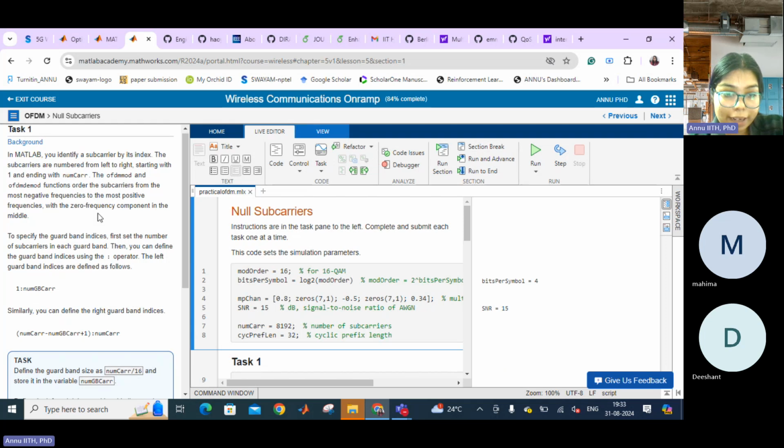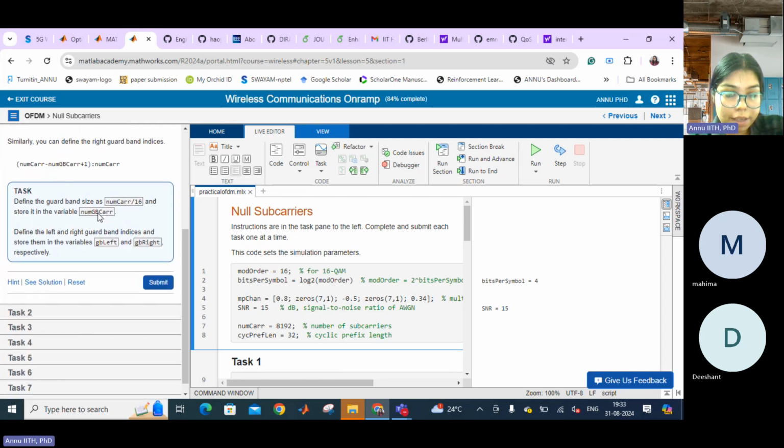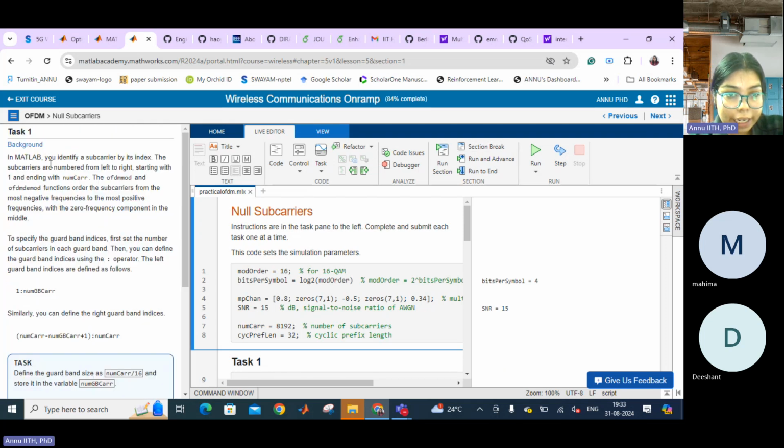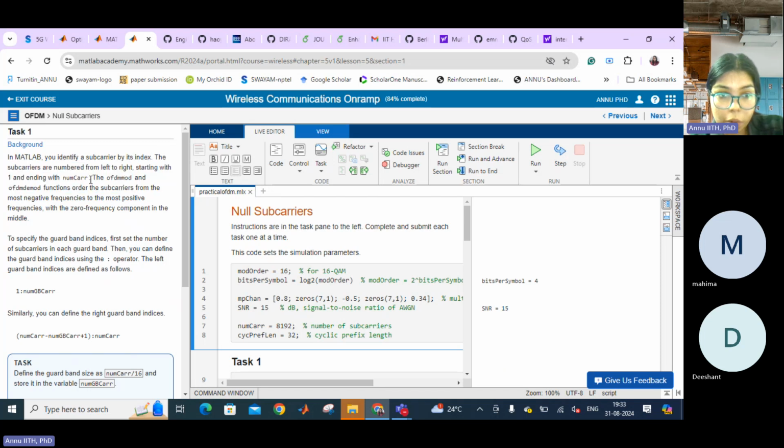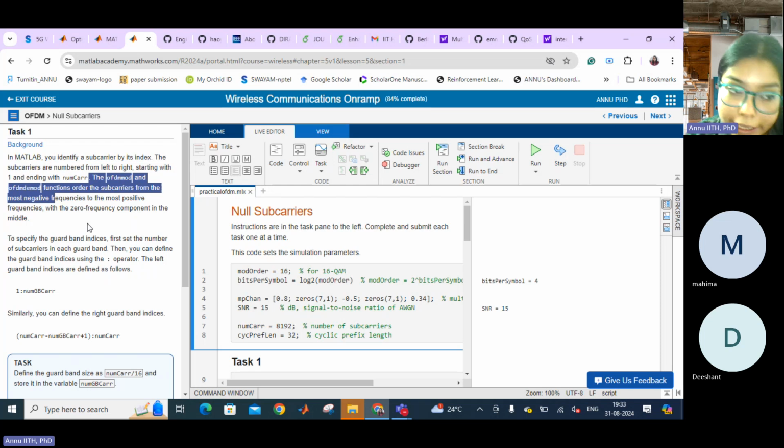In MATLAB, you identify a subcarrier by its index. The subcarriers are numbered from left to right, starting from 1 and ending with the number of carriers. The OFDM mod and demod functions order the subcarriers from the most negative frequencies to the most positive frequencies, with the zero frequency component in the middle.